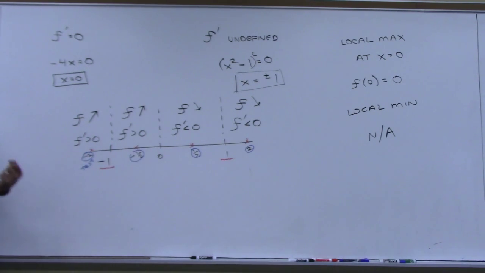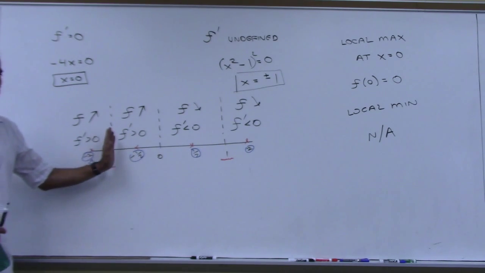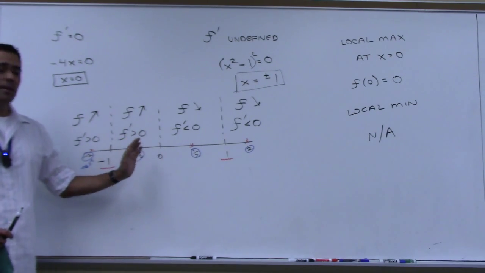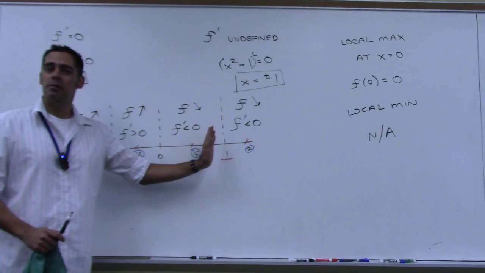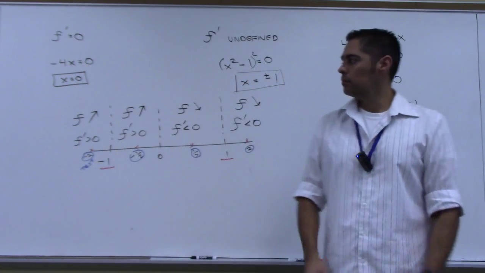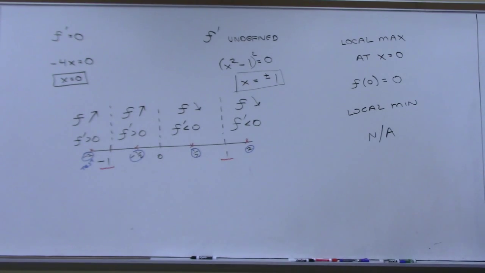Because you can't say that you're increasing at a point that is not in your domain. That's a good question. Everyone see that? This point's not in the domain, so f would be increasing from here to here, jump over that little asymptote, and then go from here to here. Decreasing, same thing. It would be from 0 to 1, union 1 to infinity.